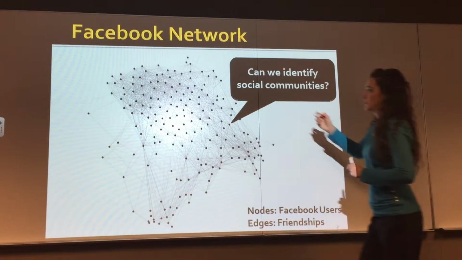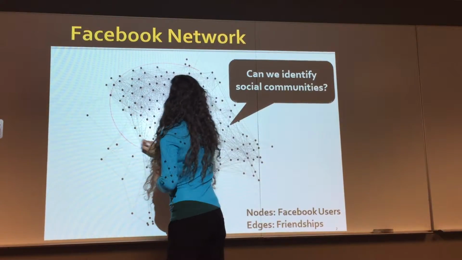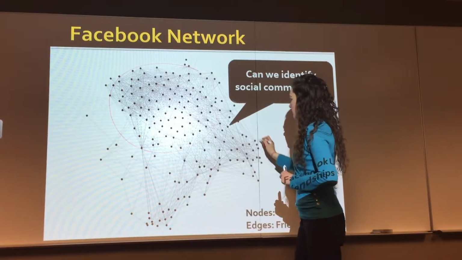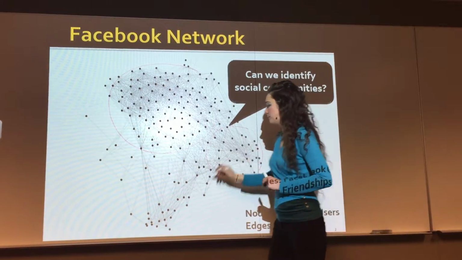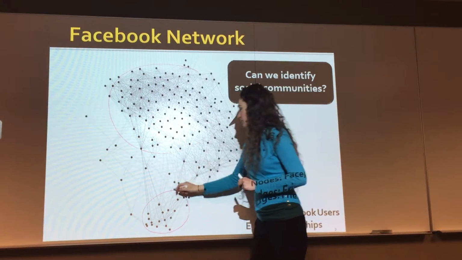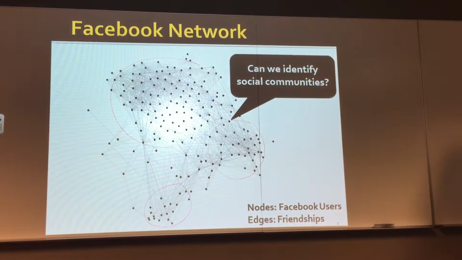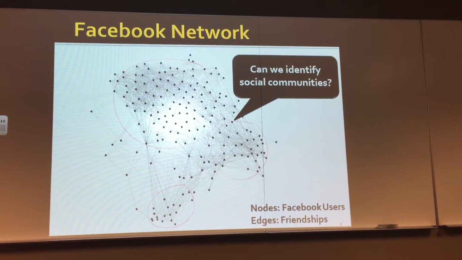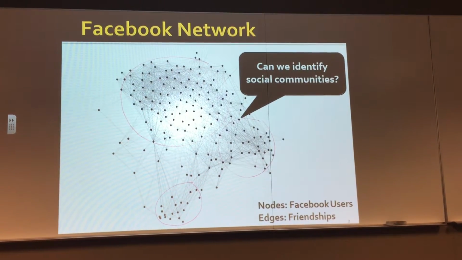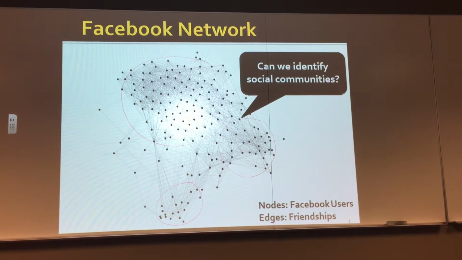So there is one big cluster here, maybe another cluster here, maybe another cluster here. So if we do clustering, we will think these are maybe some social communities that the friends belong to.